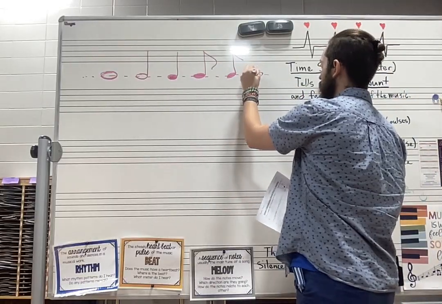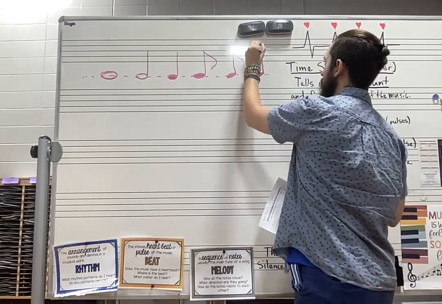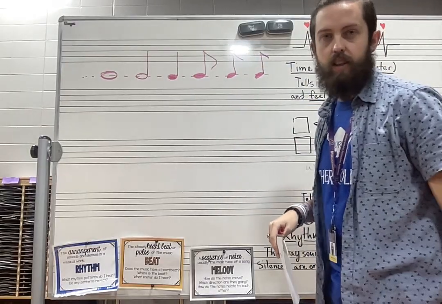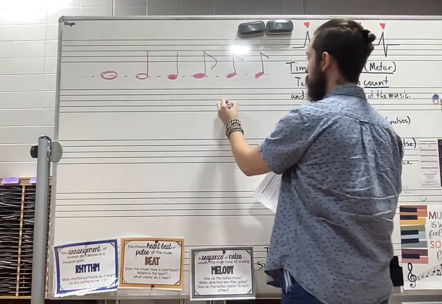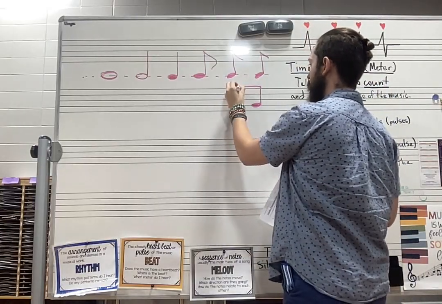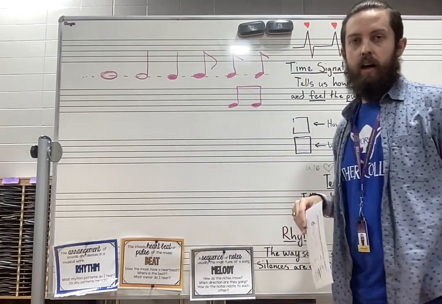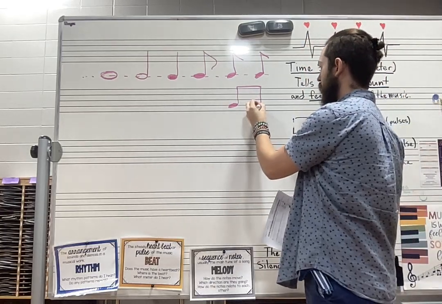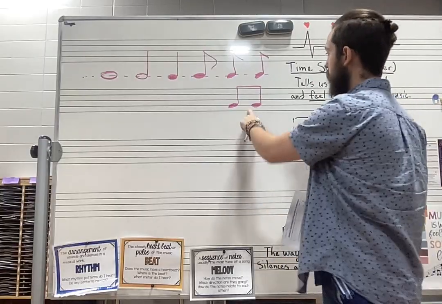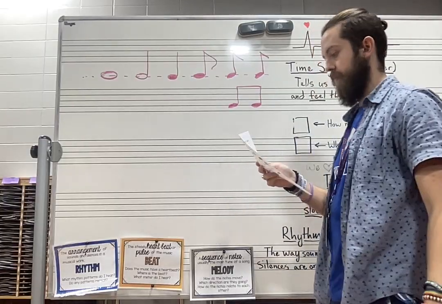You could even do something like this, just a line, and that's completely okay. I also saw some people write eighth notes like this, and they paired them up, and that's completely okay too, because eighth notes tend to be in groups of 2 or 3. So if you did this, this is also completely acceptable.